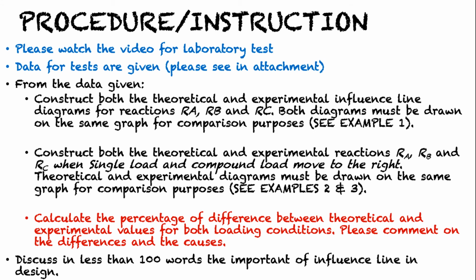Second one is to construct the theoretical and experimental reaction RA, RB and RC, and then compare between them and determine the percentage of difference and find the reason for the disparity. And lastly, discuss in less than 200 words the importance of influence lines in design.